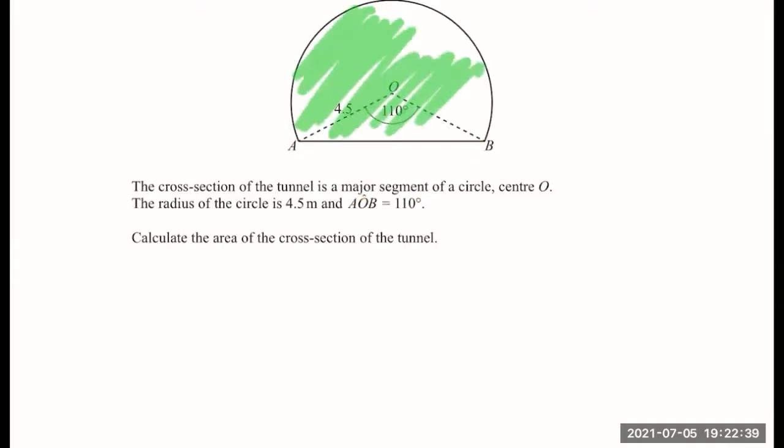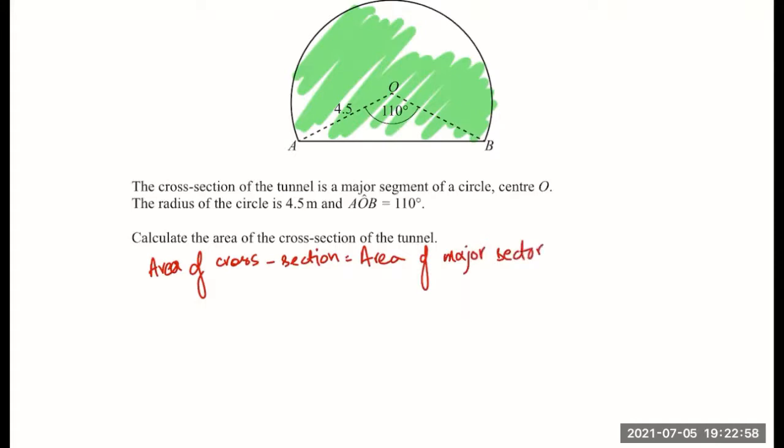Do you understand that the area of this cross section will be area of major sector plus the area of the triangle?